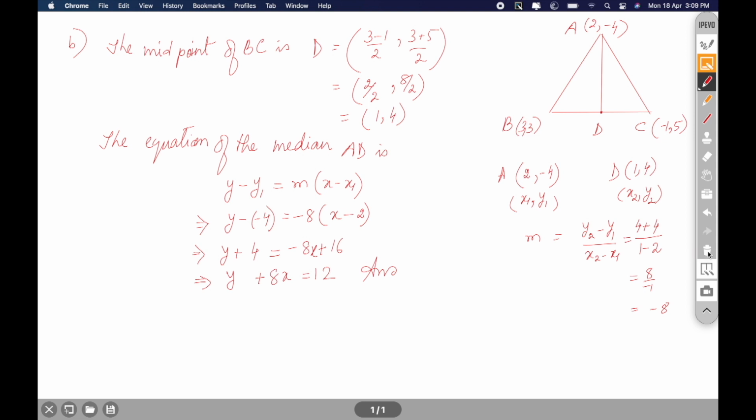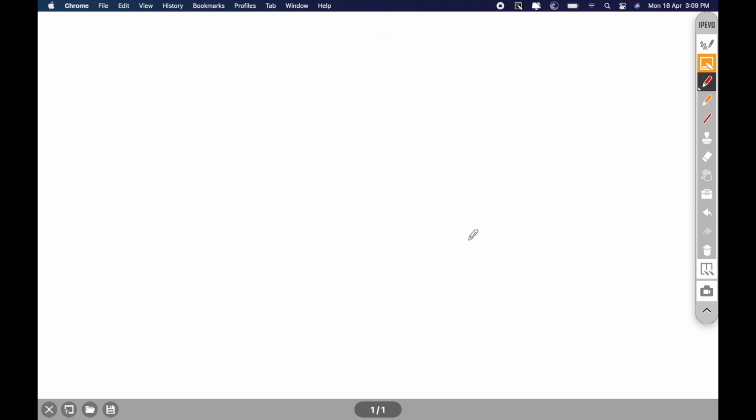Next, question number 2, part C. An aeroplane at an altitude of 200 meter observes the angles of depression of opposite points on two banks of a river as 45 degree and 60 degree. Find the width of the river. So here we have an aeroplane at an altitude of 200 meters, and this is the width of the river.